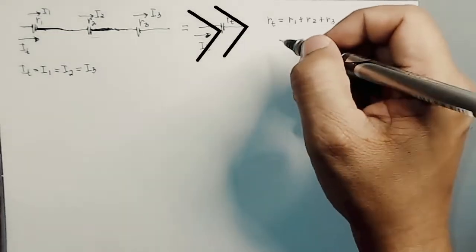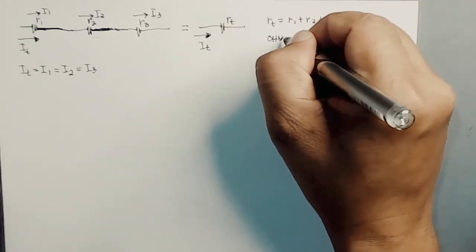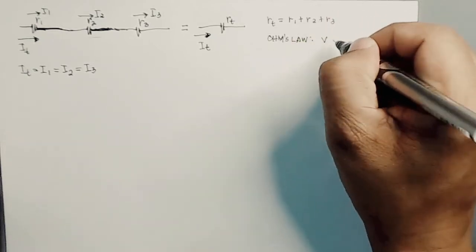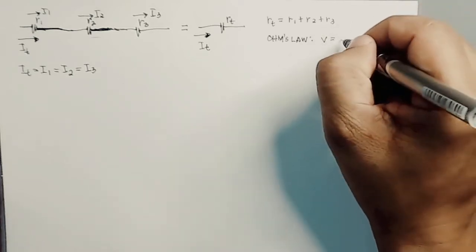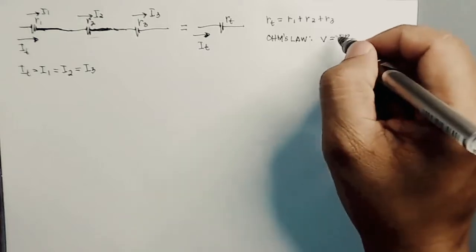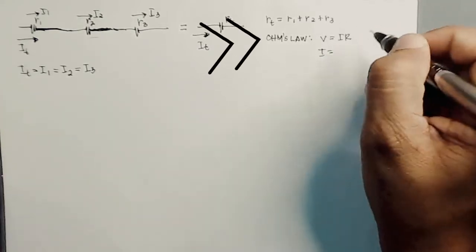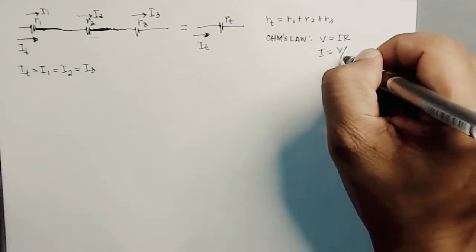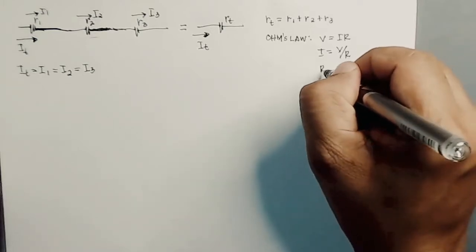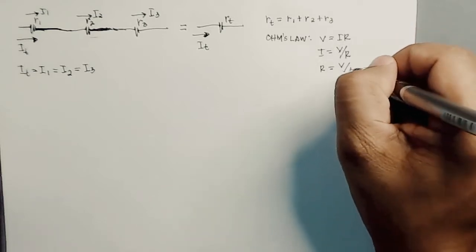Now, using Ohm's law, it states that the voltage is equal to the current times the resistance. You can manipulate this formula. If you want to get current, you just have to divide the voltage by the resistance. Now if you want to get the resistance, you just have to divide the voltage by the current.